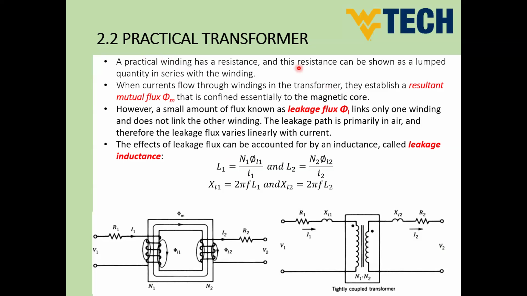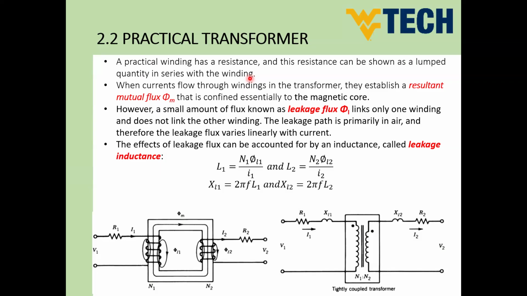And this resistance can be shown as a lumped quantity in series with the winding. So for any inductance, the coil is nothing but some wires wound around a certain core or in a certain way to form an inductance. So this wire, for sure, has a resistance.